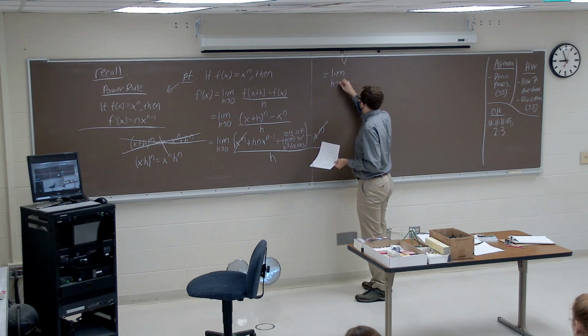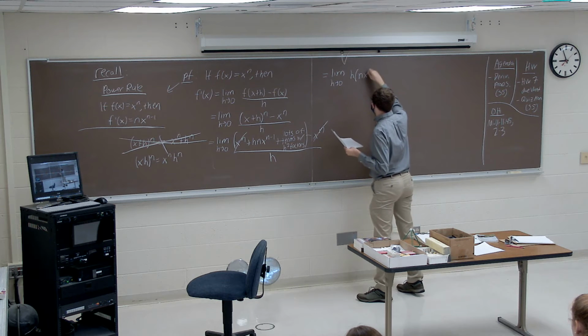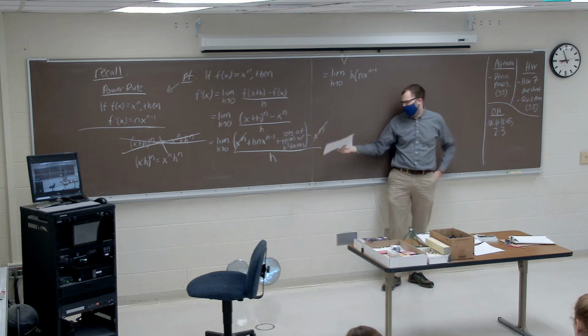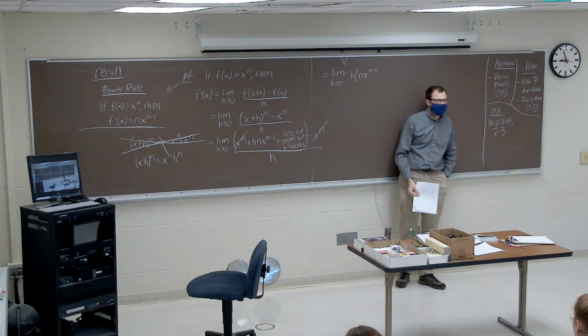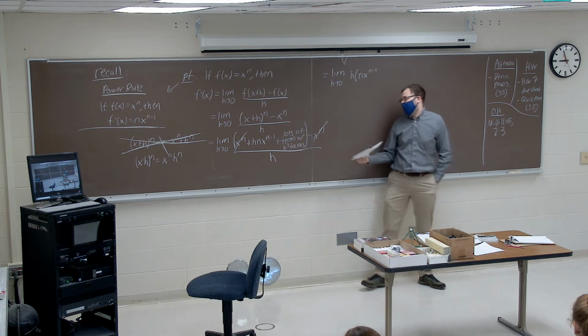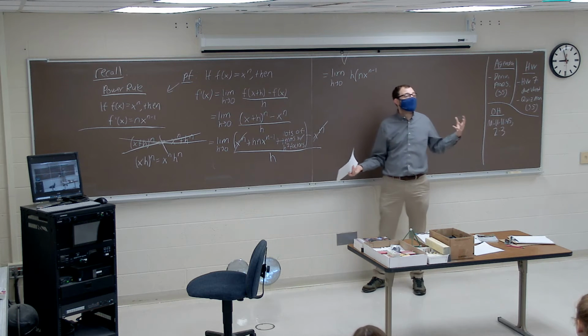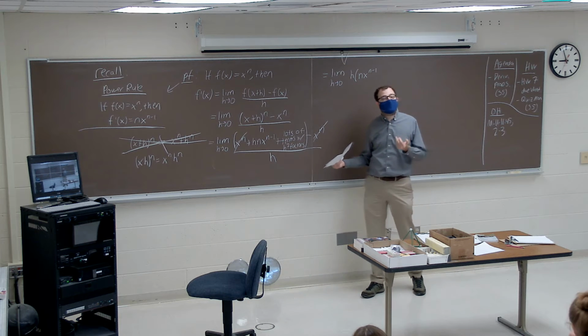So if we did that, we get h times, let's see, this term would give us an nx to the n minus 1. But what happened to all of these terms with factors of h squared in them? If we factored out an h, they'd all just be times h. Yeah, since all of these have h squared factors in them, we can pull out a factor of h, and what's left should still have at least one factor of h in it.